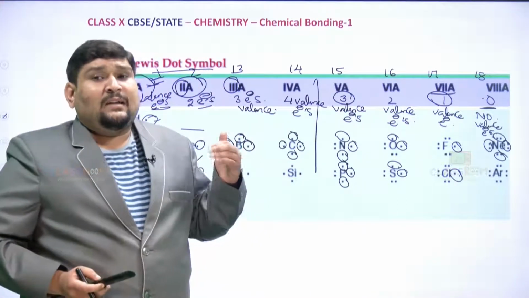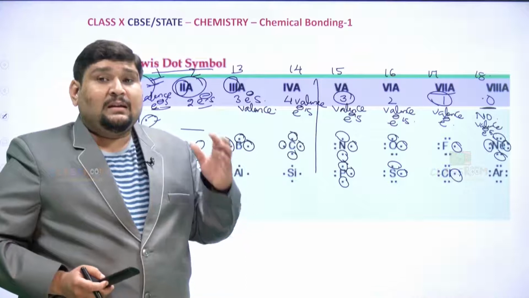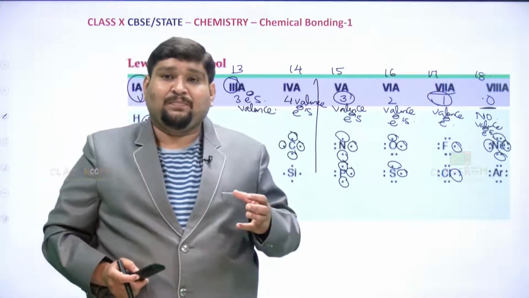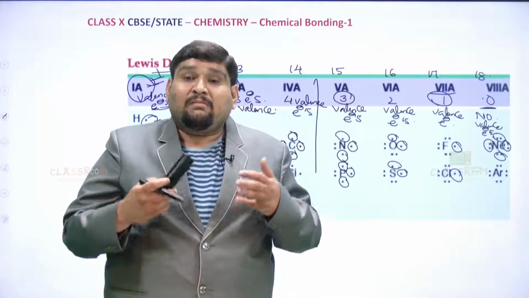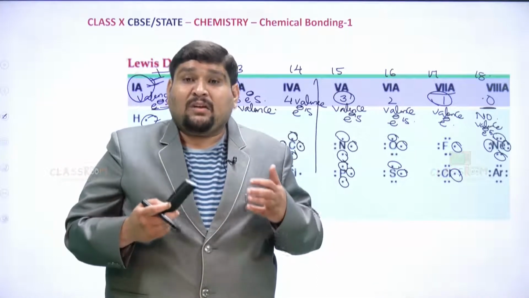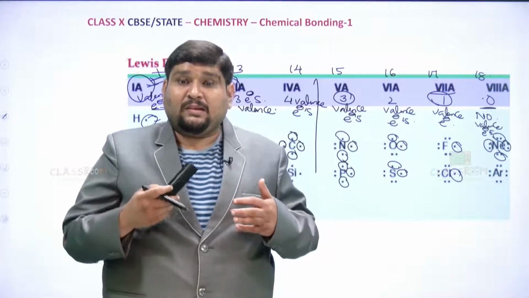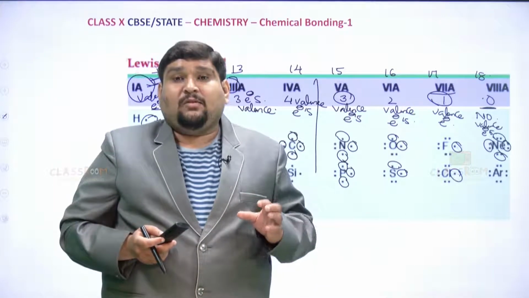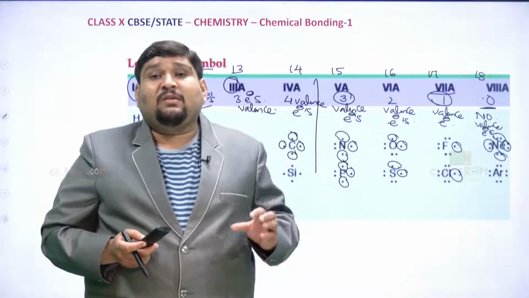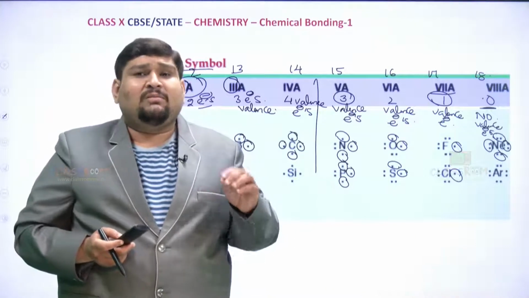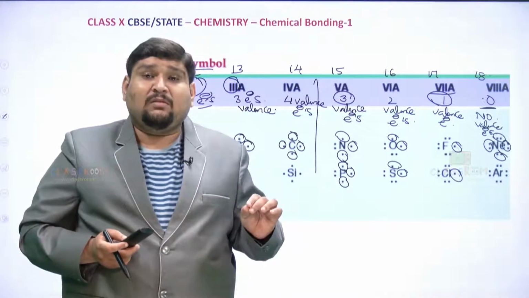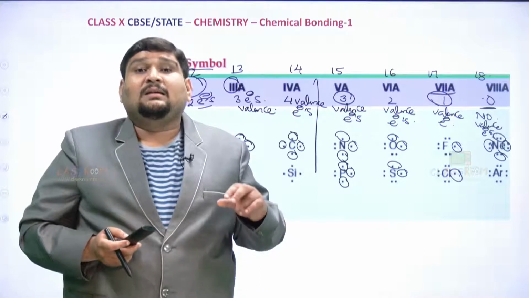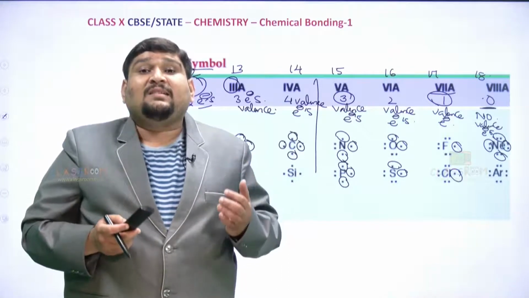The next point: as we have been saying, an atom needs to be stable depending upon the available valence electrons, and there we say that there should be 8 valence electrons in the outermost shell of each and every atom. If they need to be stable, we need to see that they are filled with 8 valence electrons.